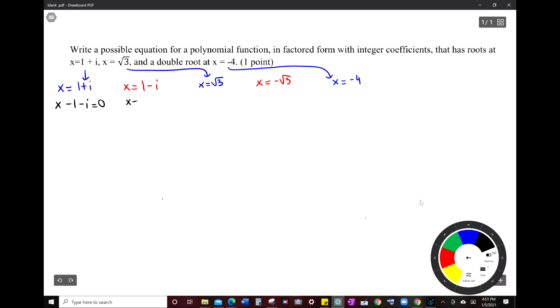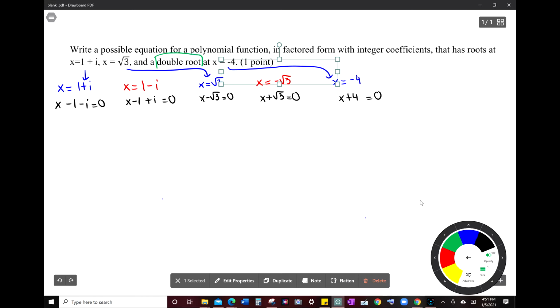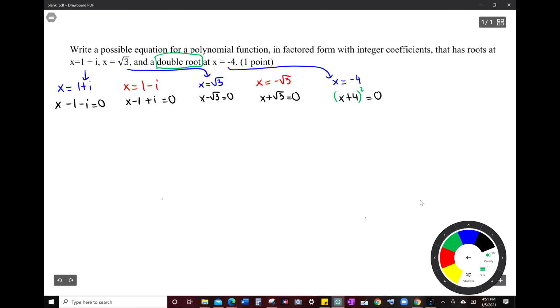I have x minus 1 plus i equals 0. I have x minus square root 3 equals 0. I have x plus square root 3 equals 0. And I have x plus 4 equals 0. But I'm not done yet, because the double root right here tells me that I should have a square right here.